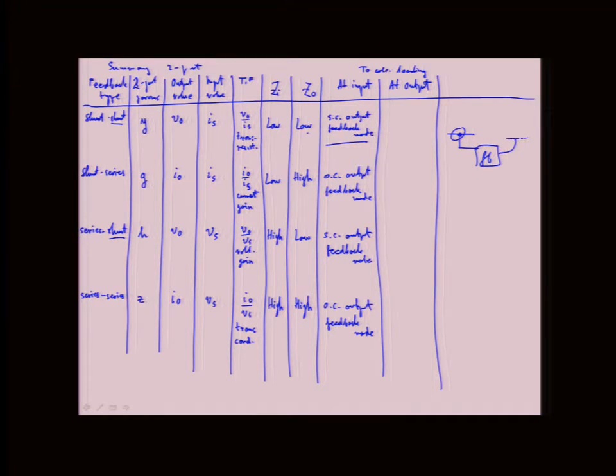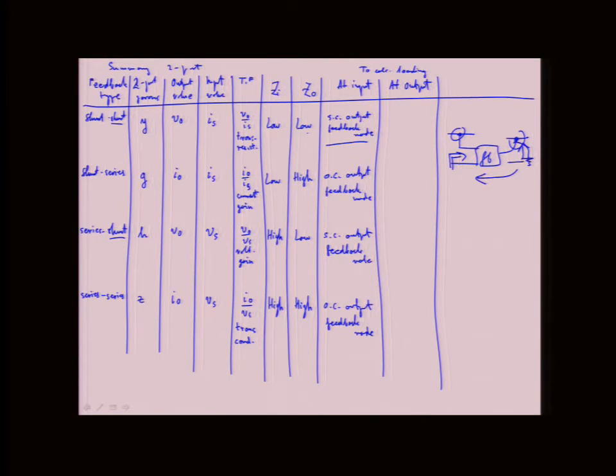If I have a shunt connection on the output side as well, what I was doing for this one, right, I was recognizing that the voltage is the quantity that gets fed back from the output to the input. So what I was doing is I was grounding this node in order to see what's the loading from this side, right? So if I wanted to see how this feedback network affects the output, I do the same thing.